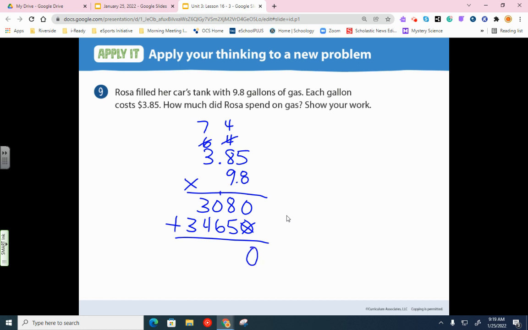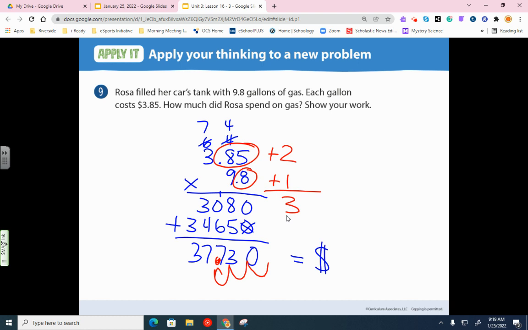I've got 0, I've got 13, I've got 7, 7, and 3. I've got 2 decimal places and 1 decimal place. That's 3 total. So I go 1, 2, and 3. And this will equal $37.73. That's how much she spent on gas.